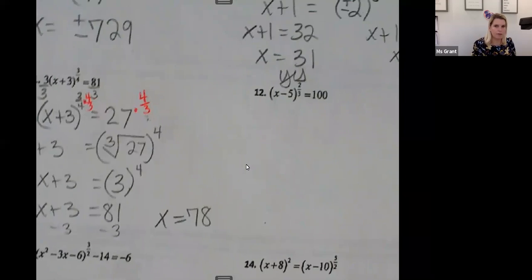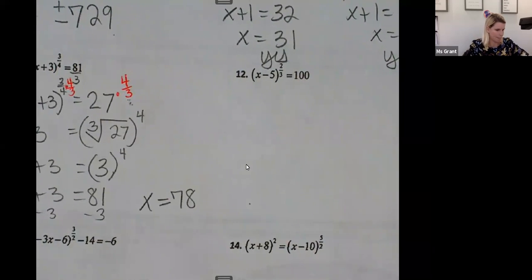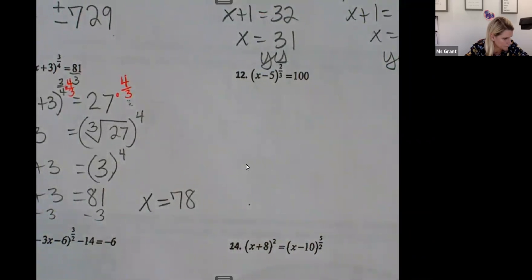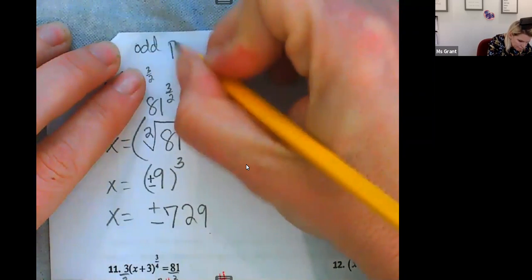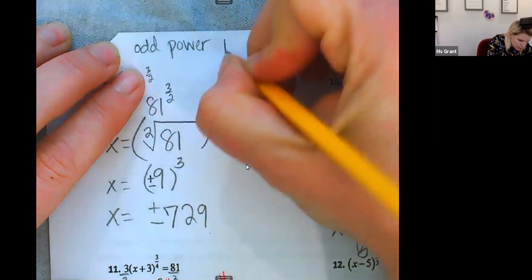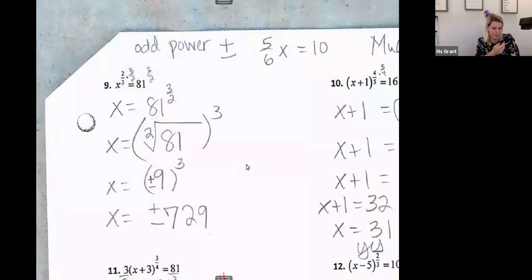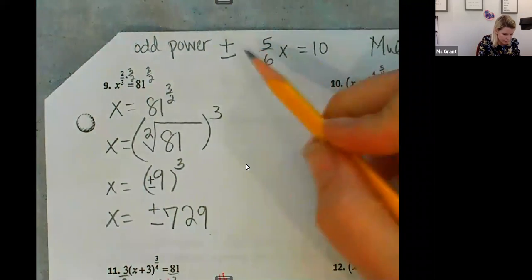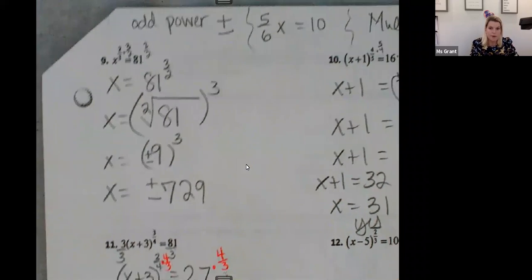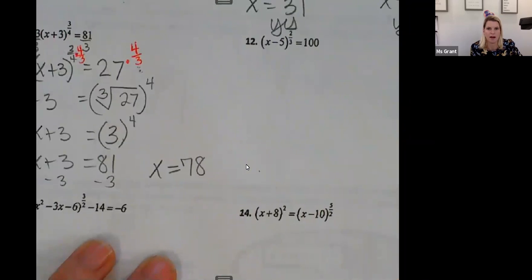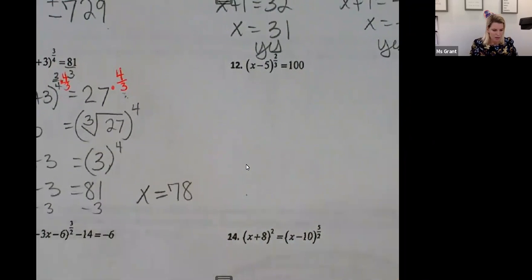Someone help me with number 12. Let me write this at the top: odd power, plus or minus. That's something that's important because that's what we've been doing for the past couple. Okay. I'm doing number 12. All right, someone help me. 2/3.